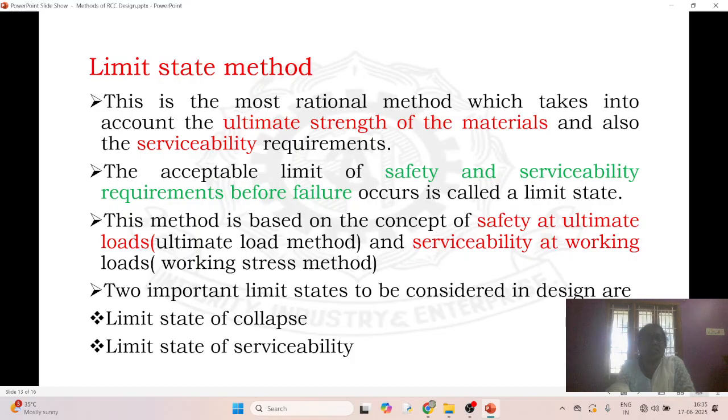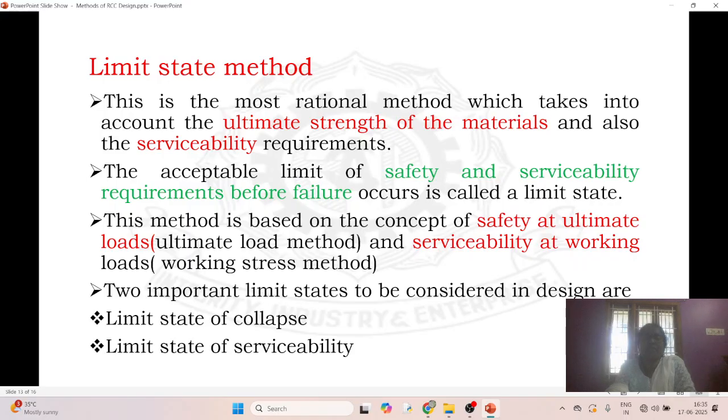The next one is the limit state method. This is the most rational method which takes into account the ultimate strength of the materials, combining the positive effects of the working stress and ultimate load methods. Finally we arrive at the limit state method. In this method, we consider the ultimate strength of the materials and serviceability requirements.